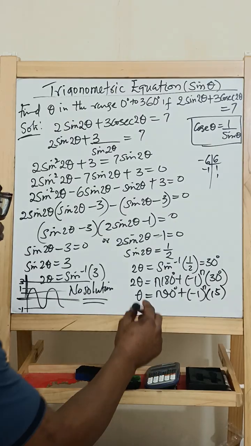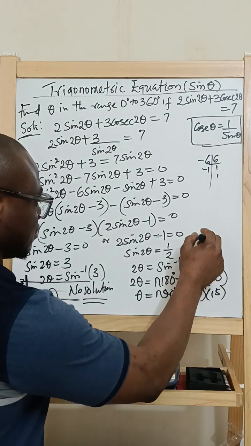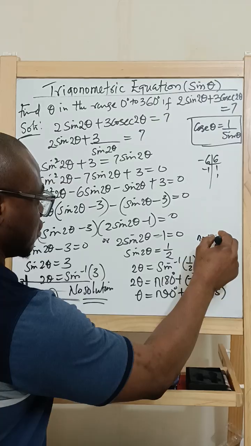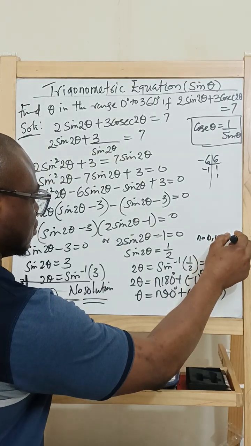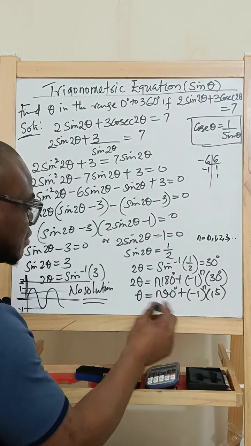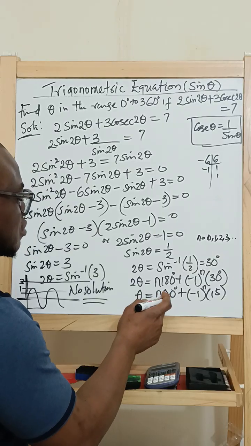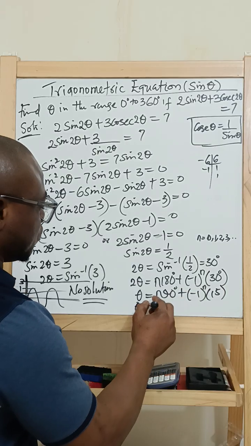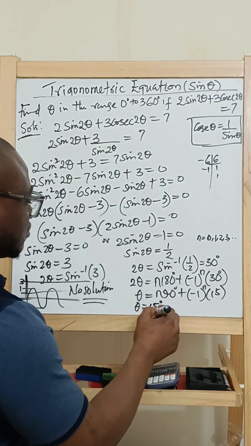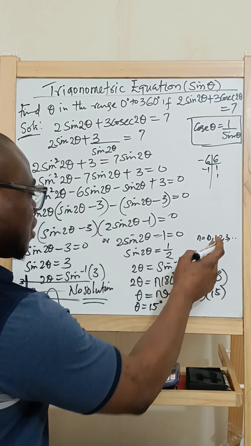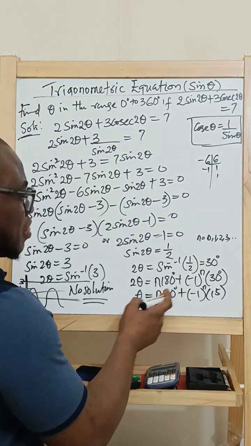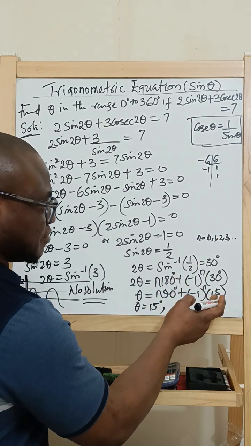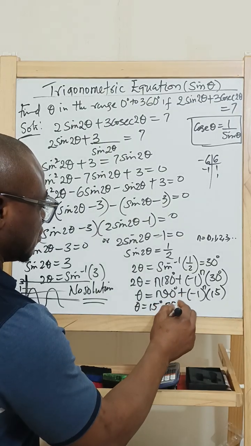Then we put in values of n equals 0, 1, 2, 3, and continue like that. When n is 0, this is 0, and the sign is positive, so we are left with 15. When n is 1, this is 90, and minus 15 gives 75.